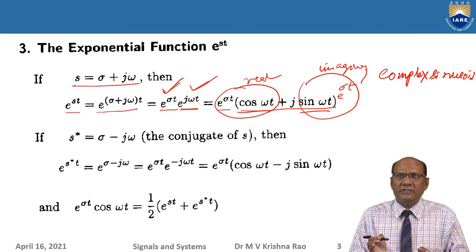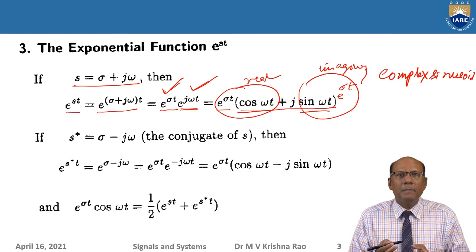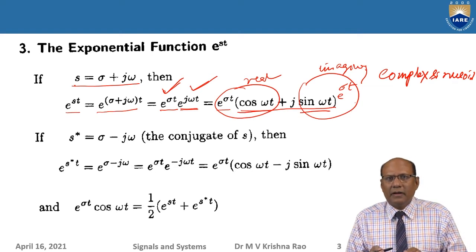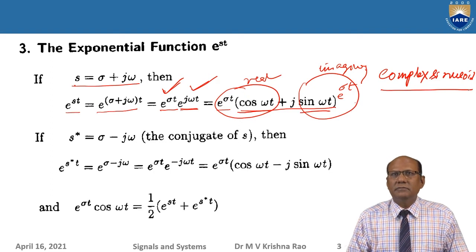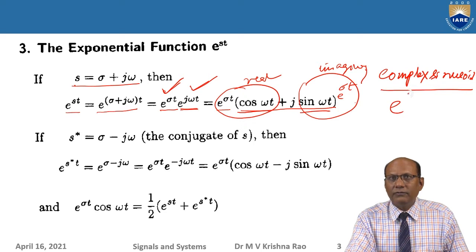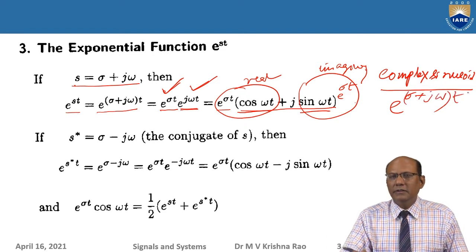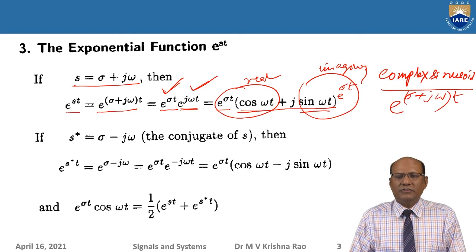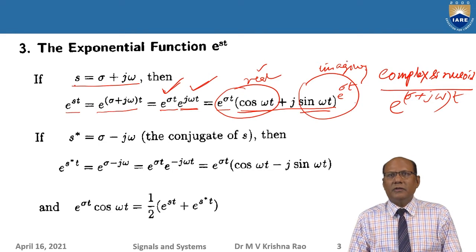That's why there are two trigonometric sinusoids forming a complex number, and that's why it is called a complex sinusoid. So this is nothing but the complex sinusoid e to the power of (sigma plus j omega) t. It has the real part and it has the imaginary part.